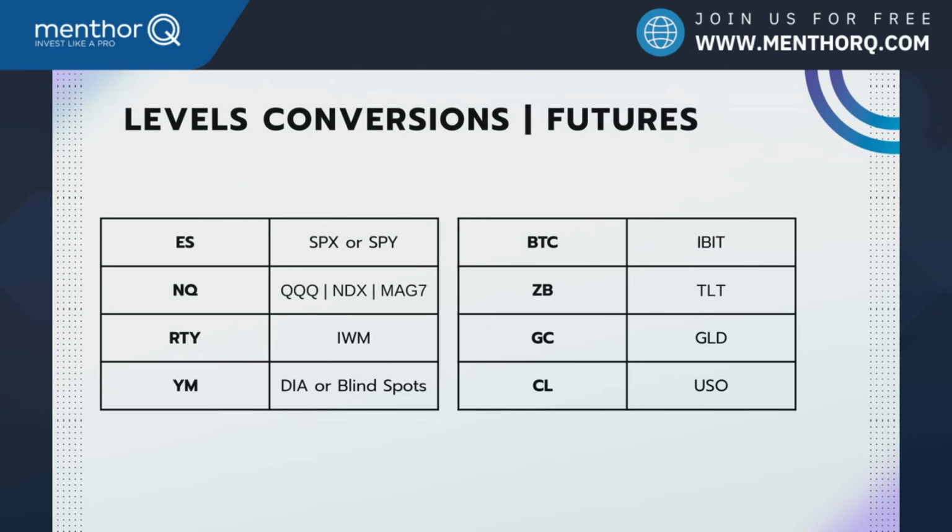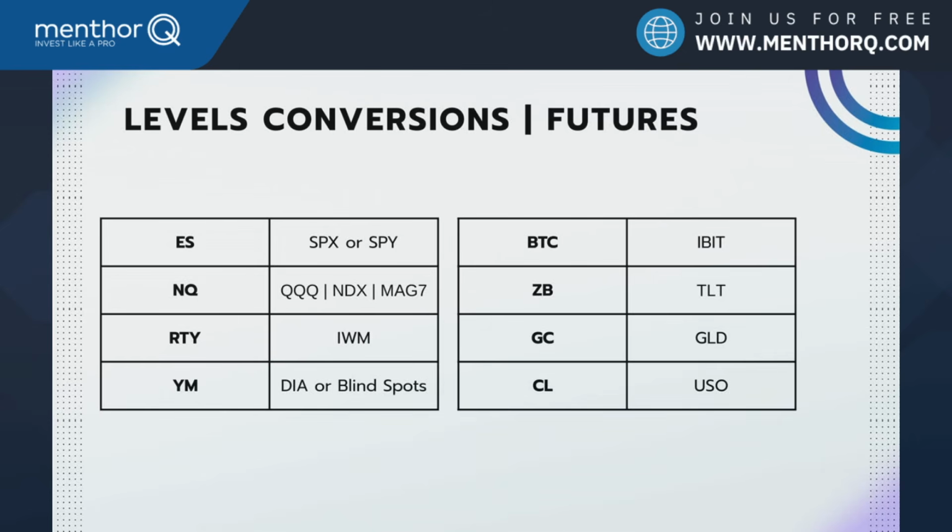If you trade Dow, Dow is a very interesting one. Dow does not have any option activity, so there are no options on YM or on the futures. So what you can use is the DIA, which is the ETF of the Dow Jones, or you could use our blind spots indicator on YM.